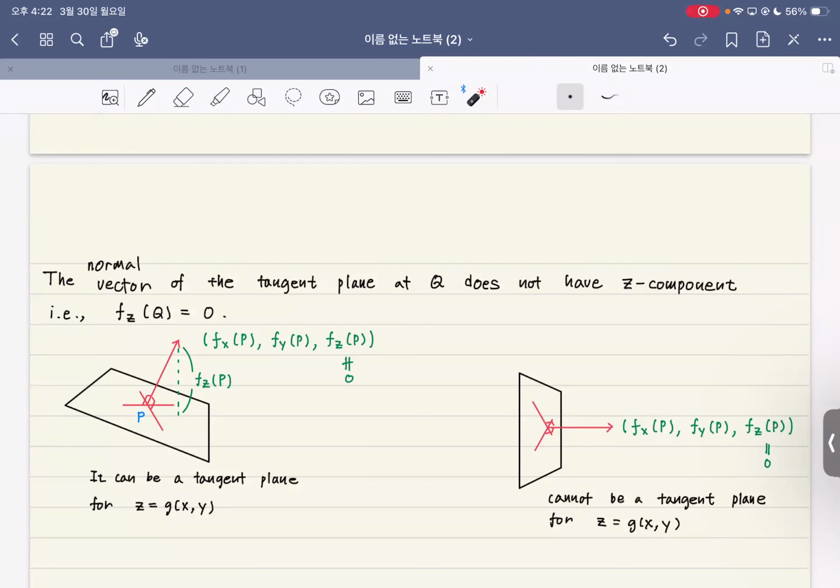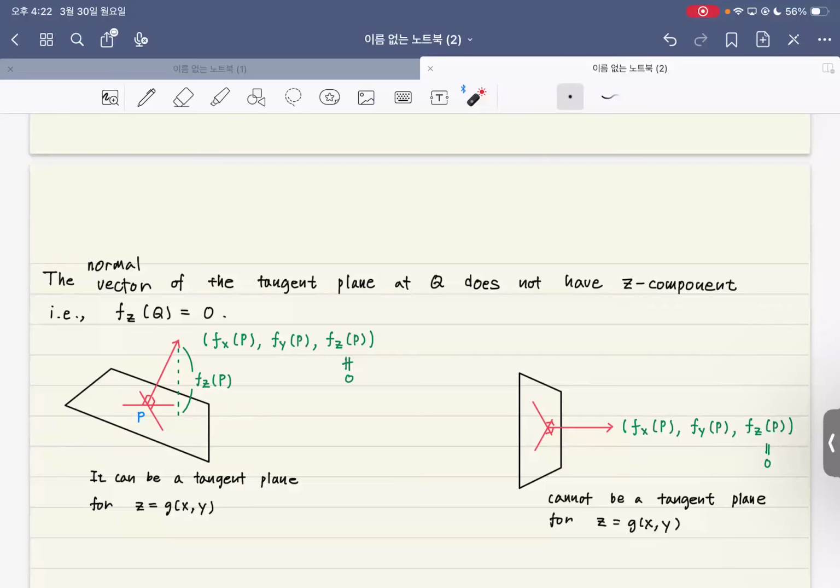This explains why my equation is not solvable for letter z around point Q, because this cannot be understood as a tangent plane for any graph of this function.